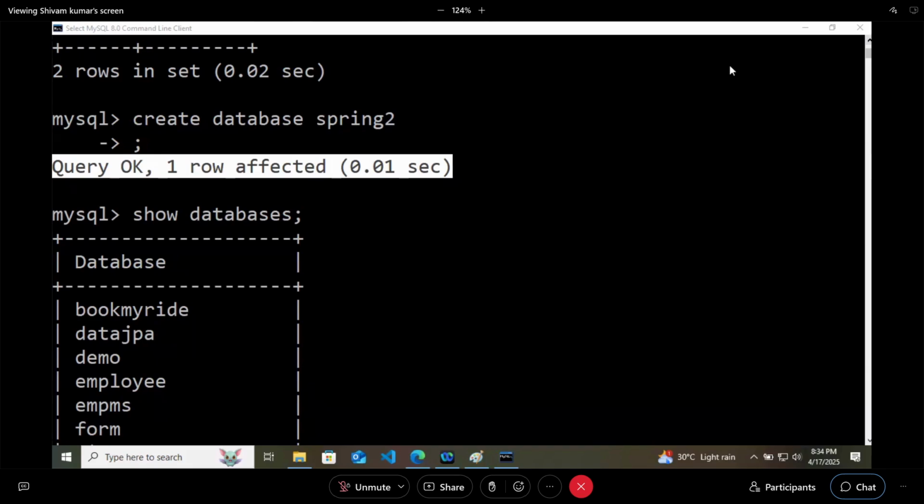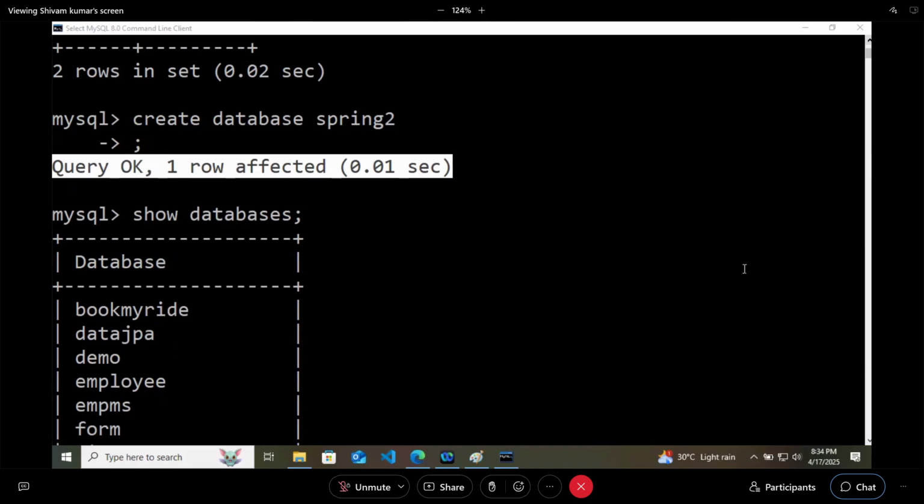No holiday, sir. Yes. JDBC is used in Spring Boot. So the JDBC of Spring is built over the top of normal JDBC. Means it will increase the power of JDBC.